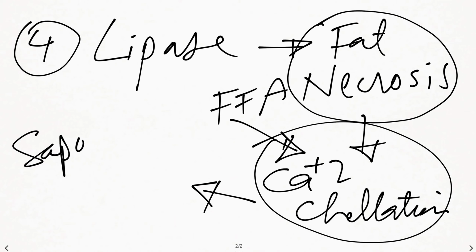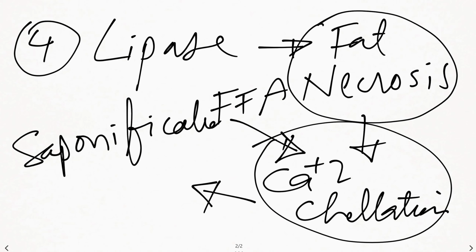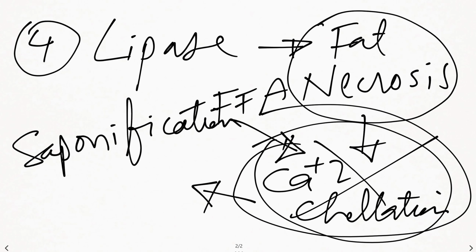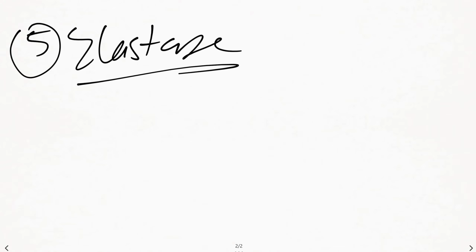This is the process by which this problem happens. What else happens? There is an enzyme called elastase, which is released from the pancreas itself. As you see, the pancreas is destroying itself.